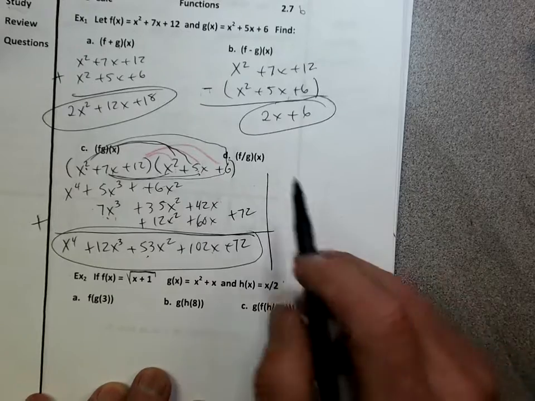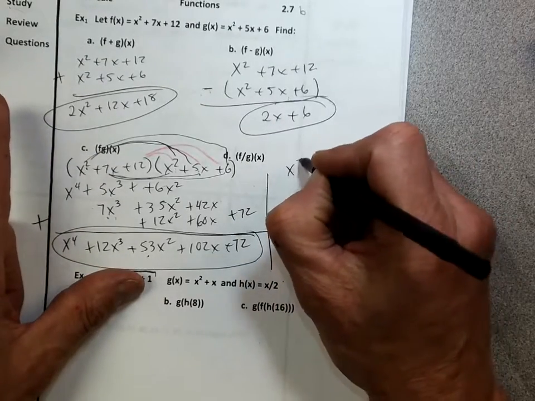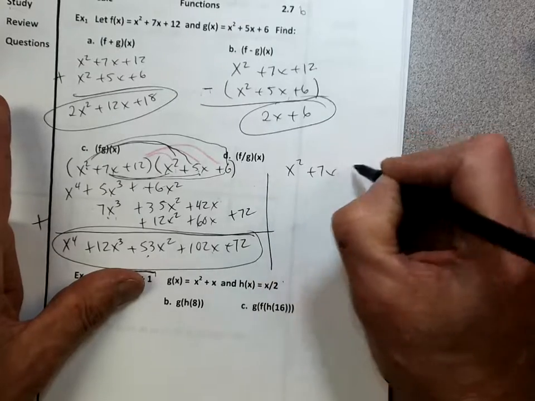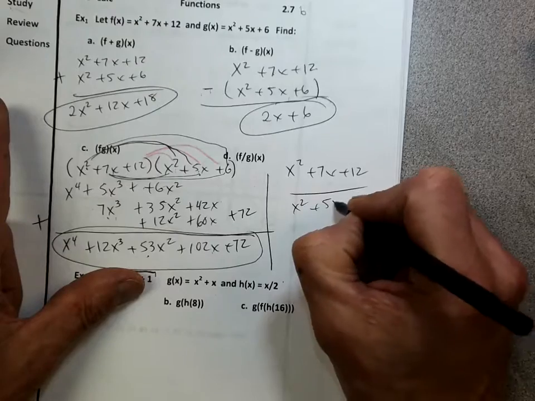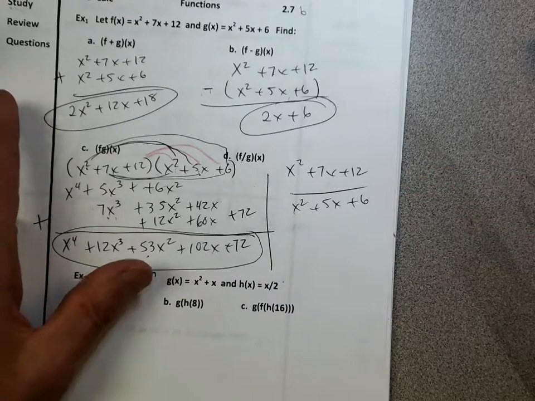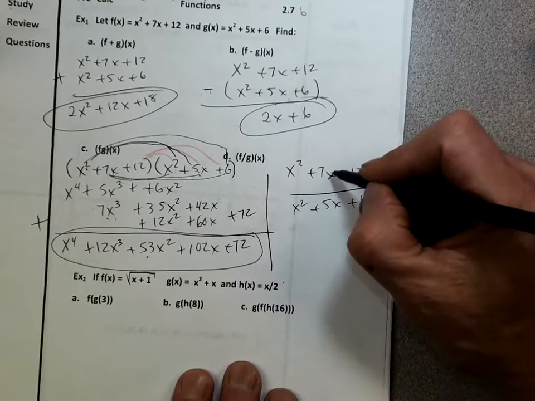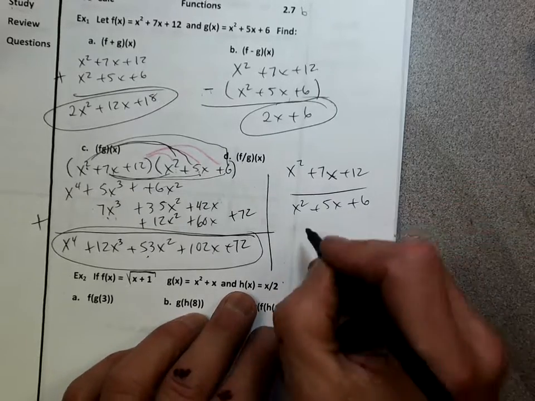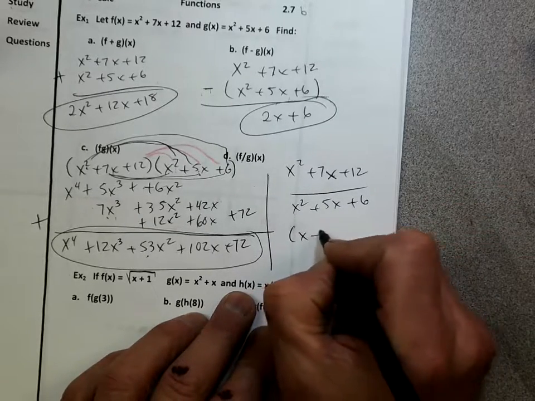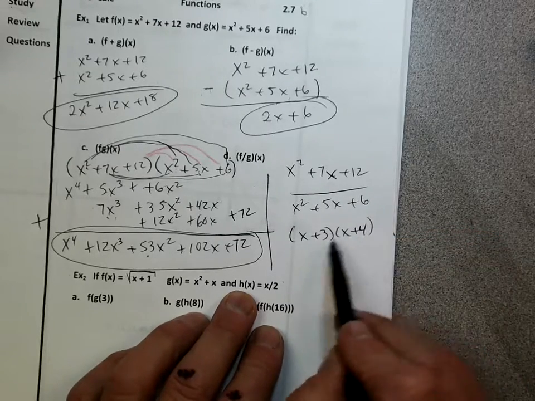Okay, let's divide. So divide x squared plus 7x plus 12 over x squared plus 5x plus 6. Now, normally we would be done, but we learned in Algebra 2 that sometimes we can factor and cancel, right? So let's see if I can factor. This would factor into x plus 3, x plus 4, multiples of 12 that add up to 7.